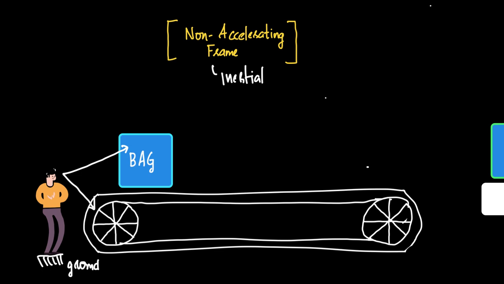Now, what does he measure here? Velocity of bag and velocity of conveyor. To be more precise, velocity of bag with respect to where he is standing, the ground, and velocity of conveyor with respect to where he is standing, the ground. I hope this much is clear.